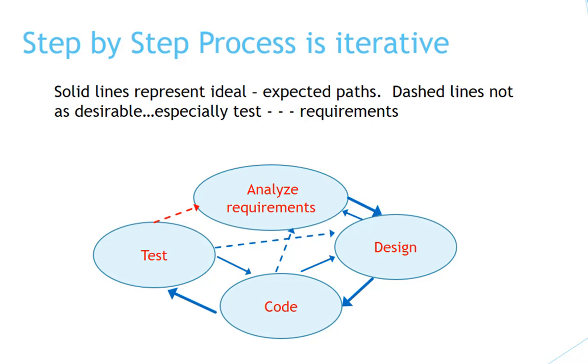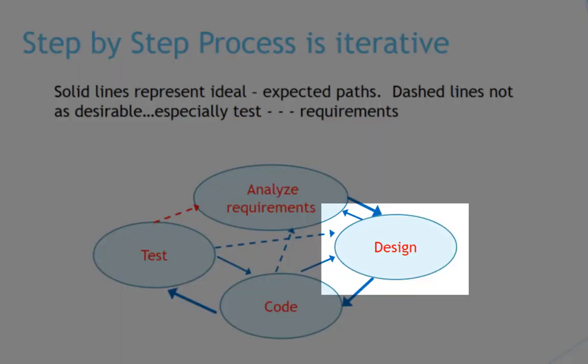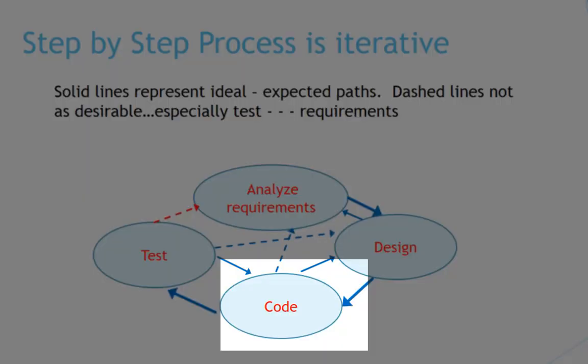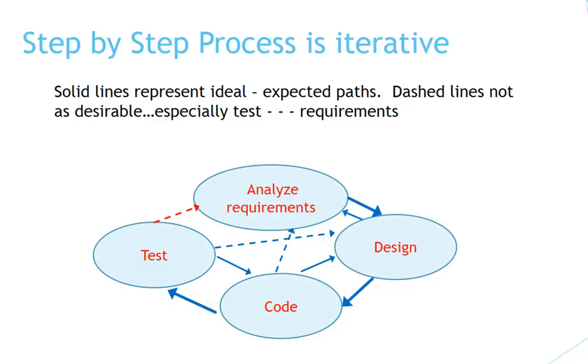Okay, let's look at this closely now. We see Analyze Requirements at the top, and moving clockwise, Design, Code, and Test. The solid blue lines represent the ideal. If we follow this in a clockwise fashion, from the analysis we want to see the big picture.